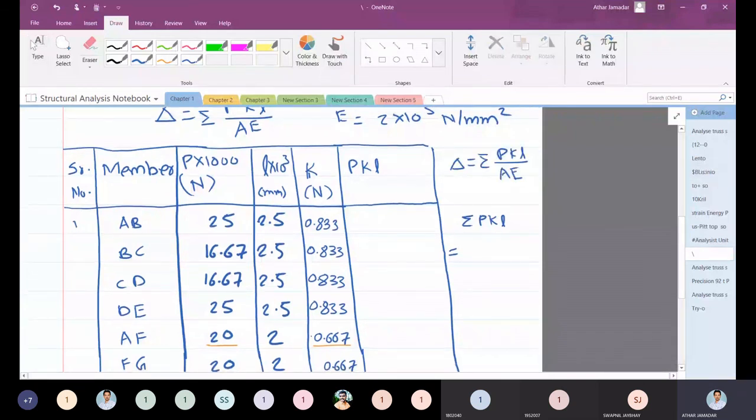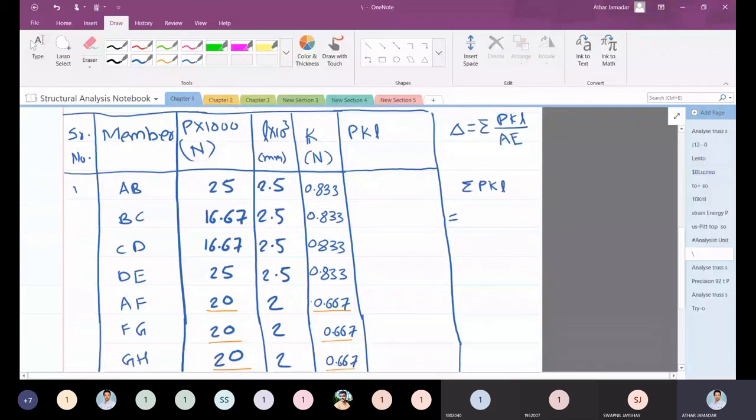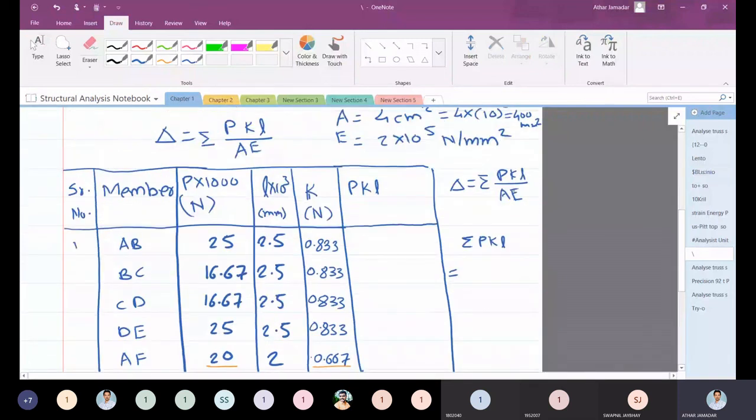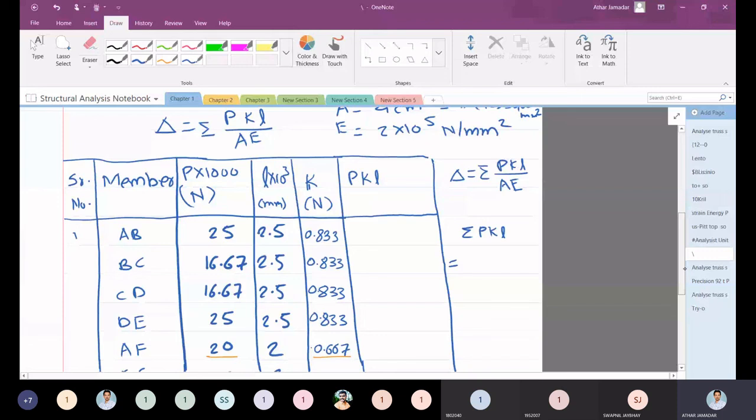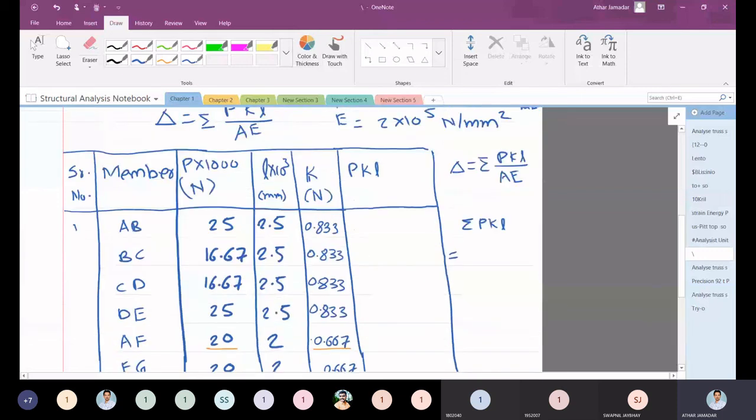Because this AE is common for all the members, we will calculate summation of PKL first, and we will divide summation of PKL by AE. So that will also give us deflection under that load.